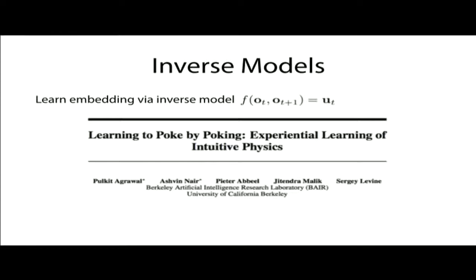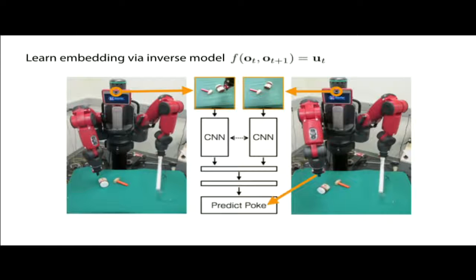This was done by a paper by Pulkit, Ashvin, and others here at Berkeley on learning to poke. The experimental setup is that they had this robot, and they wanted it to learn how to poke objects given an image and a goal image of where they wanted the objects to end up. They collected a bunch of data of the robot poking objects and pushing them around.